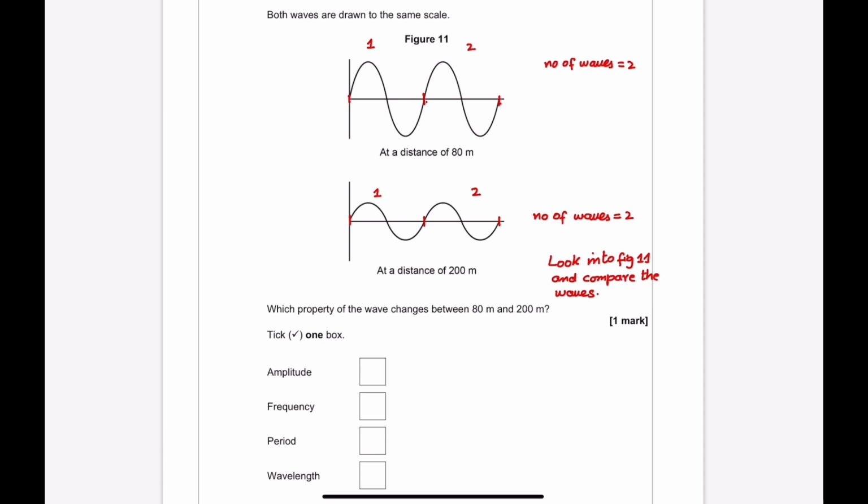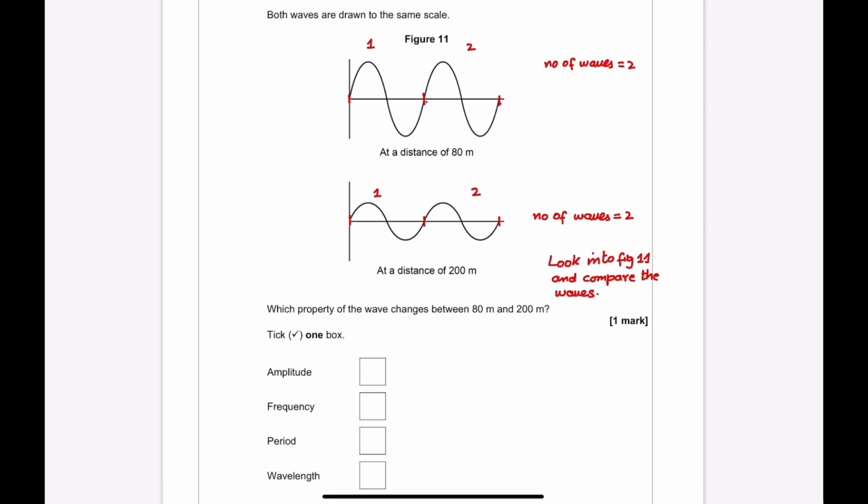Which property of the wave changes between 80 meters and 200 meters? Because the scale is same, the number of waves is same, the frequency is same, therefore we can see the amplitude of the waves is different in both of the wave patterns at the distance of 80 meters and at the distance of 200 meters.